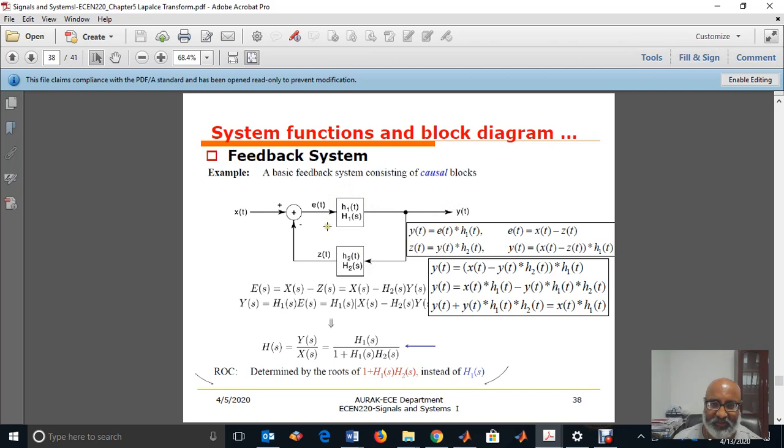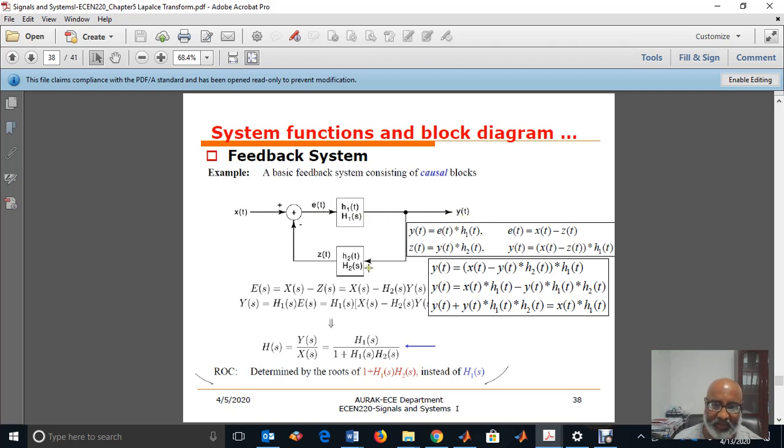If this is the main system, we need a secondary system in the feedback loop to assist the main system so that the output will follow the reference input. Usually when we have only the main system, we will not get the desired output.